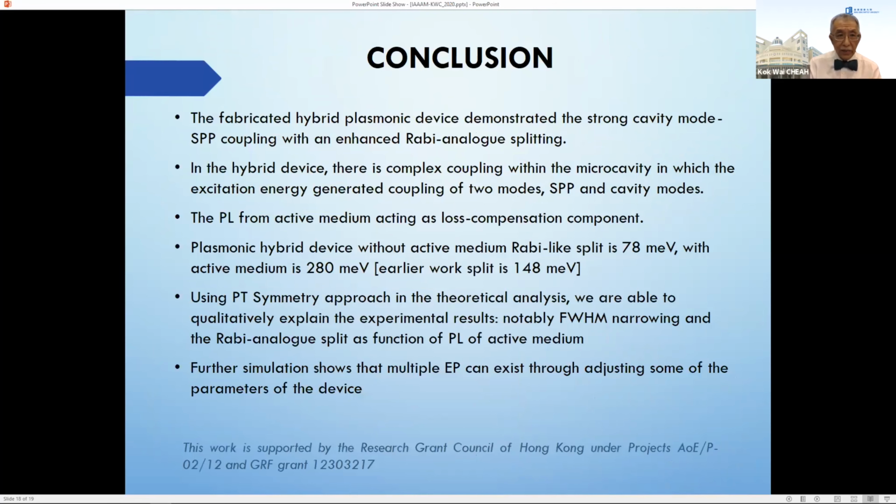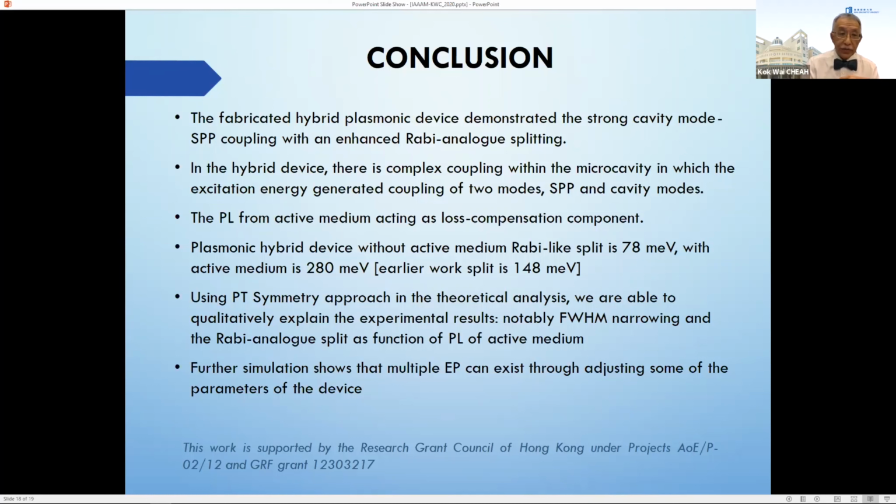So in summary, we have fabricated and designed a hybrid plasmonic device, and shown that we can see strong cavity and SPP mode coupling, and a strong Rabi-analogue splitting. This complex coupling can give a very good possible application, and by tuning the two parameters between the SPP and the microcavity, you can design where you want the mode coupling.